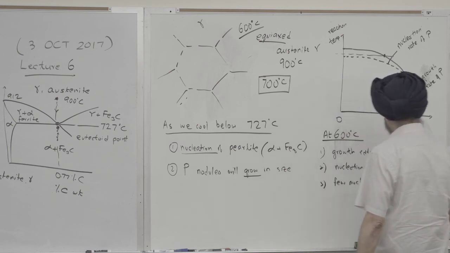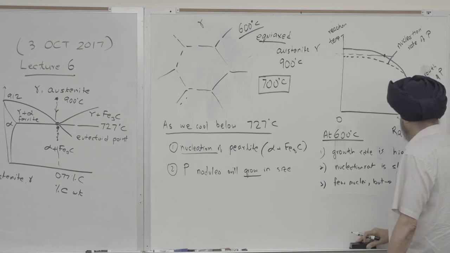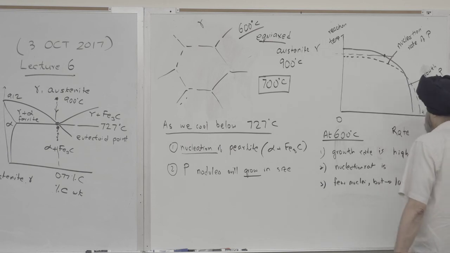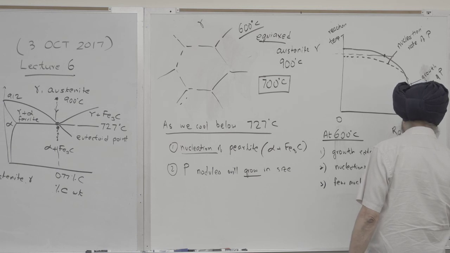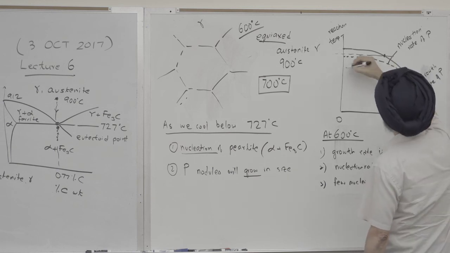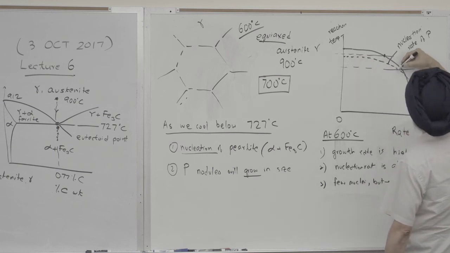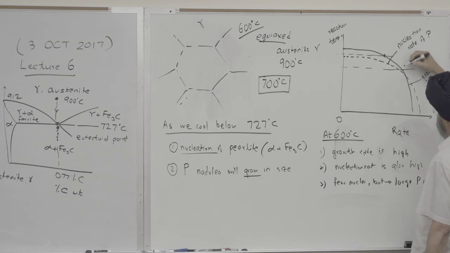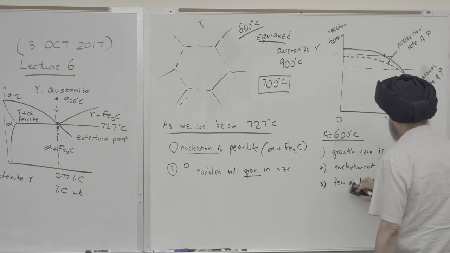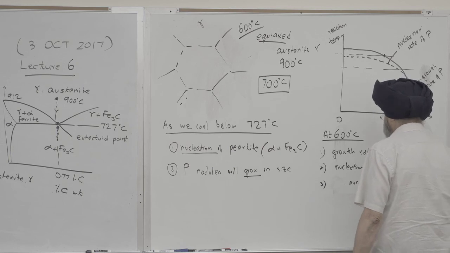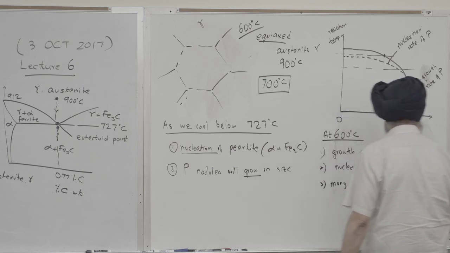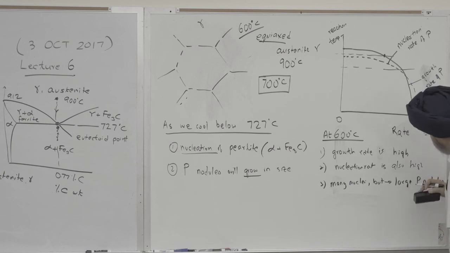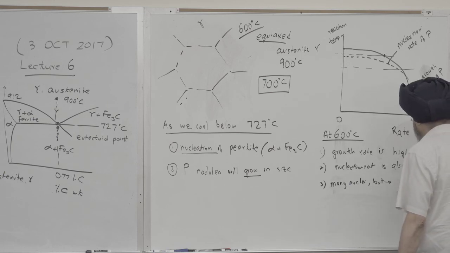So now growth rate is high, but nucleation rate is also high. Notice in this curve at 600, both the nucleation and the growth rate are high. So we'll have many nuclei, high density of nuclei, and there'll be smaller pearlite nodules, because I'll explain why.